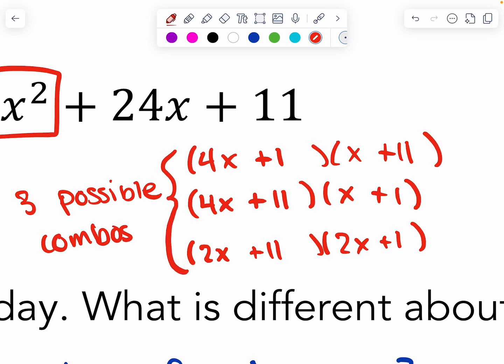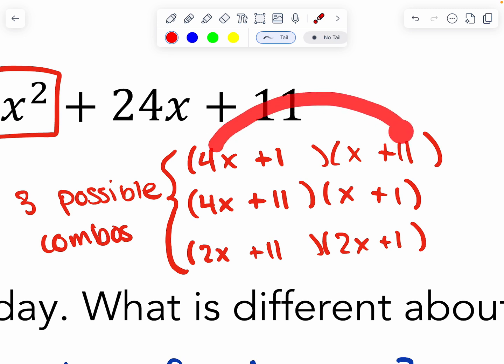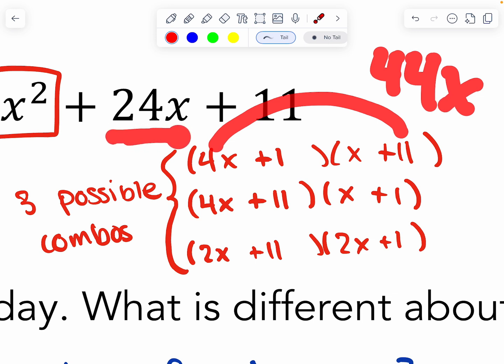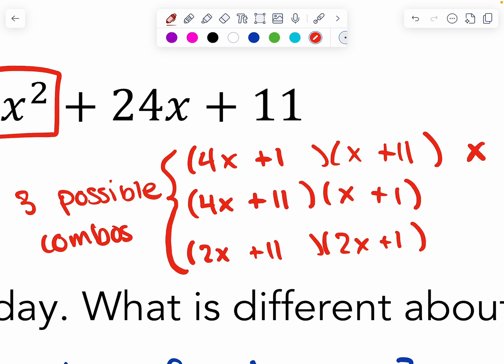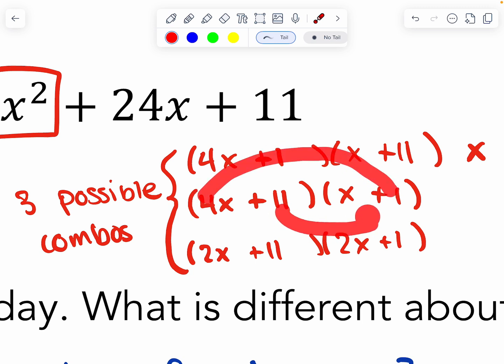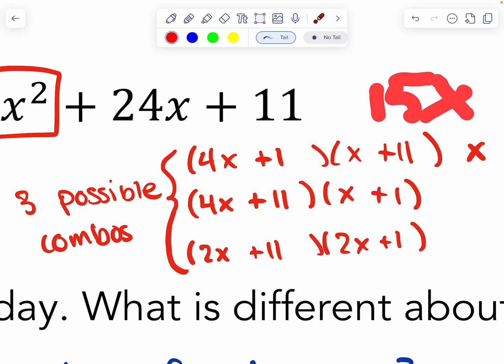But notice right off the bat, when you multiply 4x times 11, that gets you 44x, which is no good since it's 24. So this one does not work. And then in the next one, we have that same issue, where we have 4x and then 11x, and that gets you 15x, which is also no good.